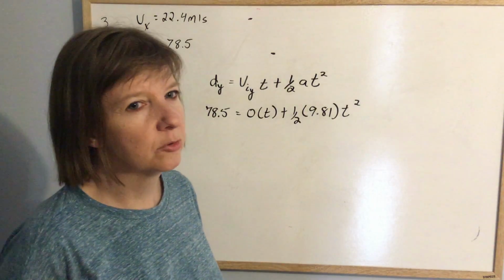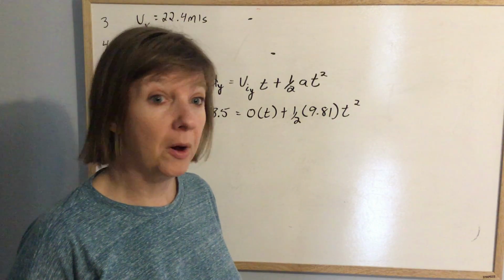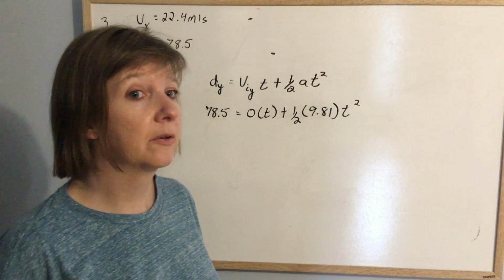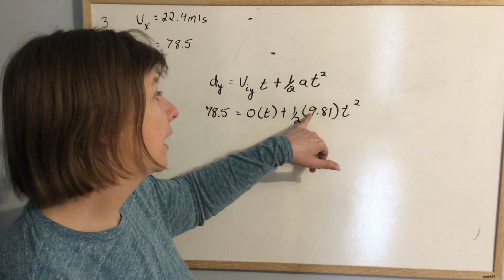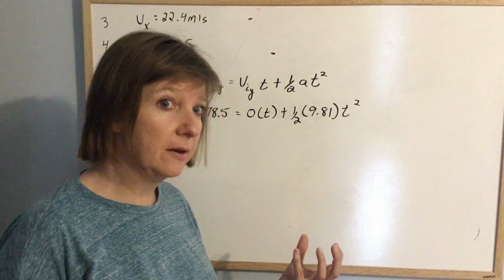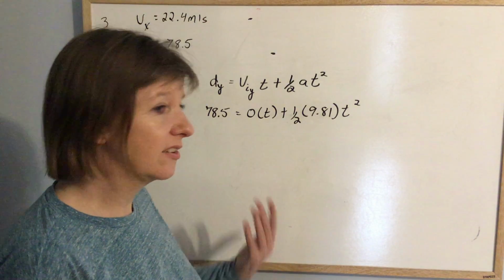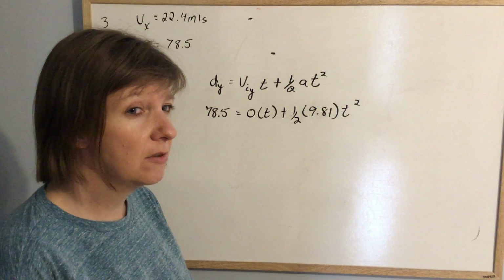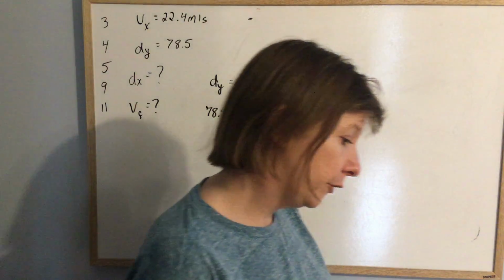They're both in the same direction. So it's just as easy to make them both positive rather than both negative. I could have made this negative and made downward negative. It would work out the same. I just decided, why bother sticking a negative in if I don't need to? So I solved for that.